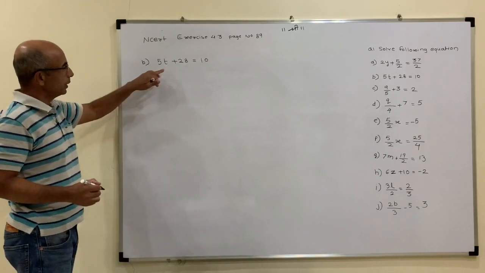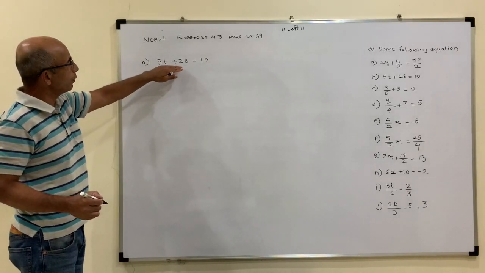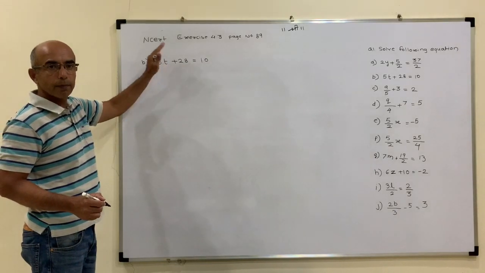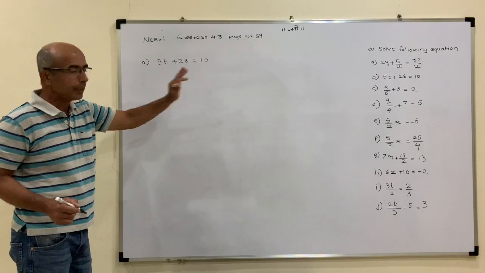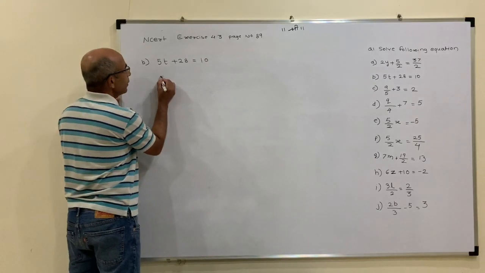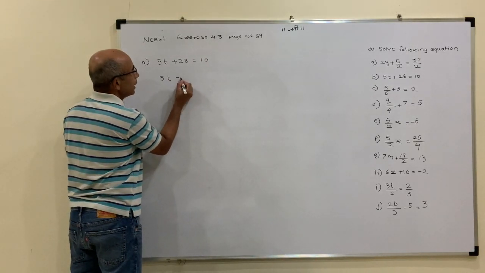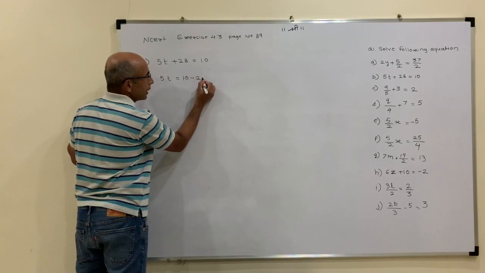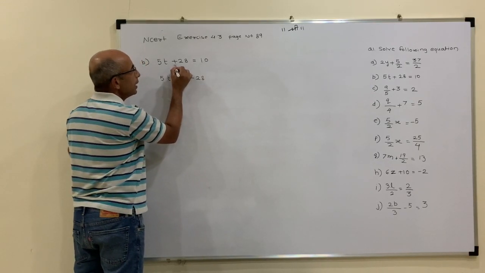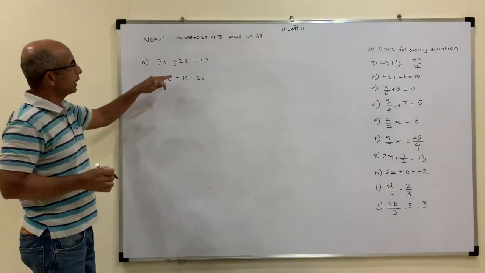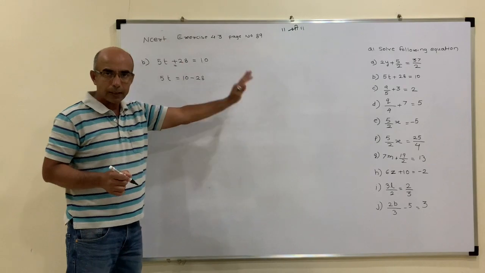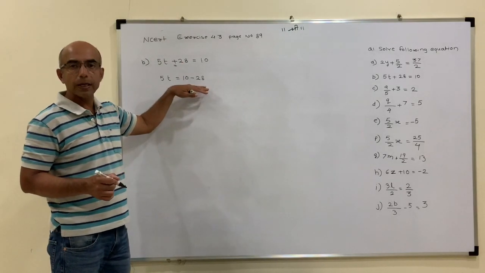Now to isolate t, I am going to first transpose plus 28 from the left hand side to the right hand side. So my next step will be 5t equals 10 minus 28. See, 28 is a plus 28 on the left hand side. When I transpose it to the right hand side, it will be a negative.